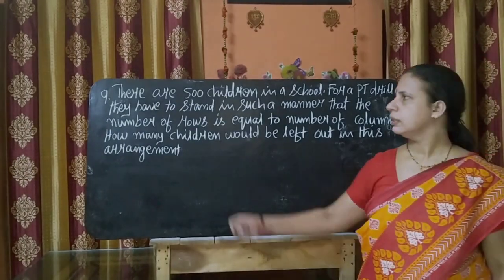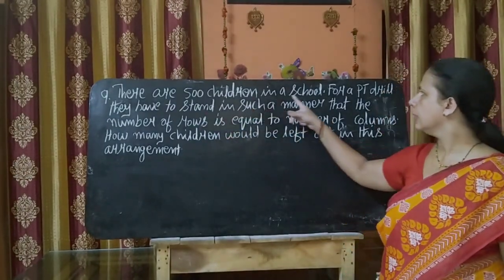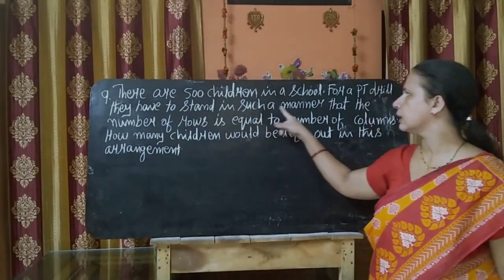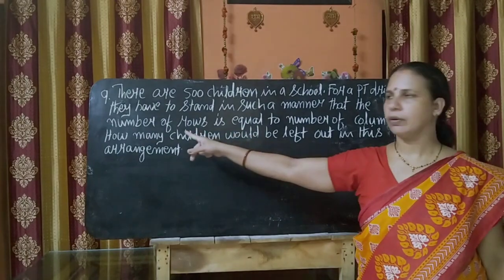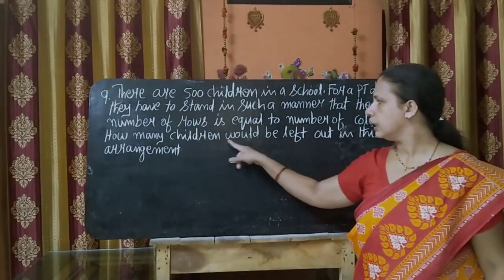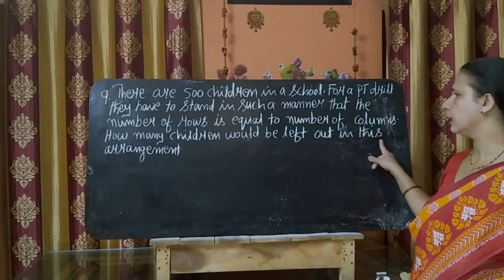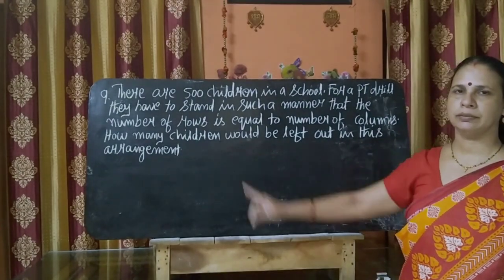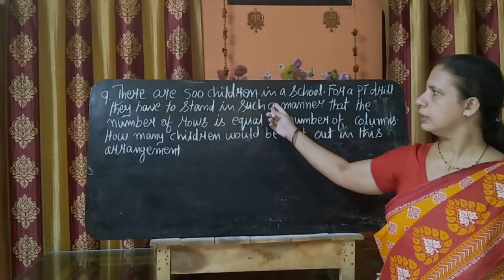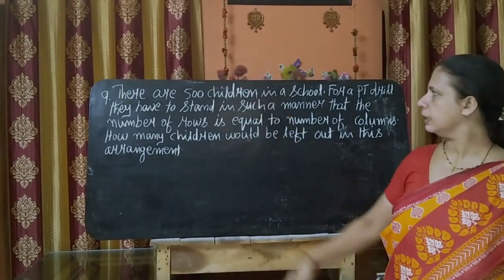9th question. There are 500 children in a school. For a PT drill, they have to stand in such a manner that the number of rows is equal to the number of columns. How many children would be left out in this arrangement? 500 children were there.